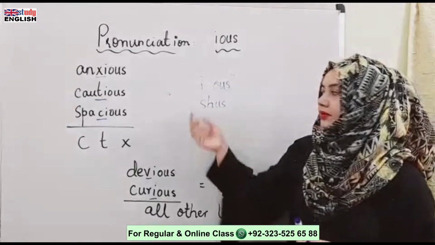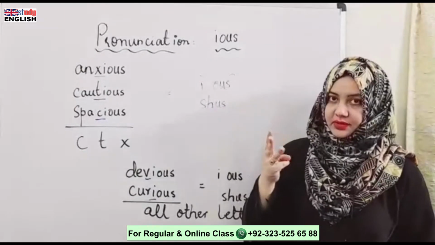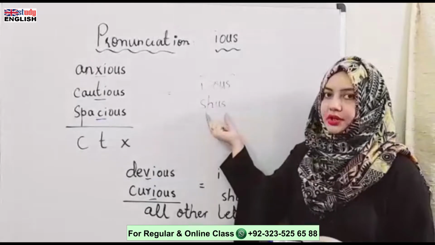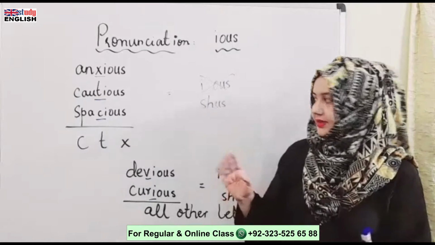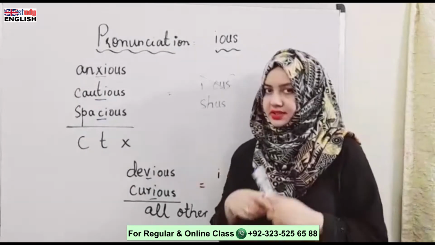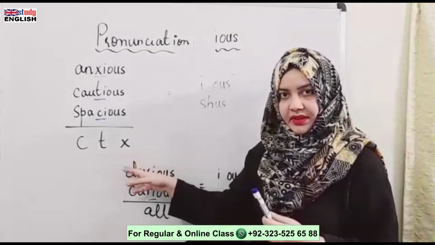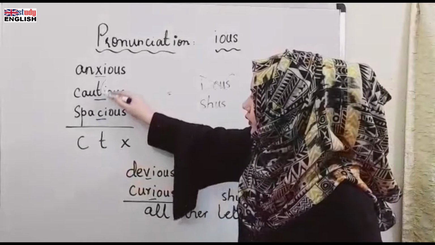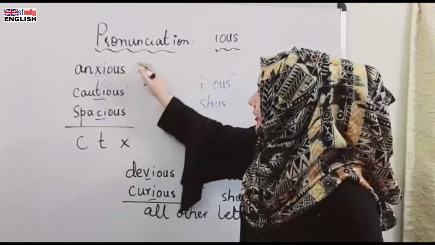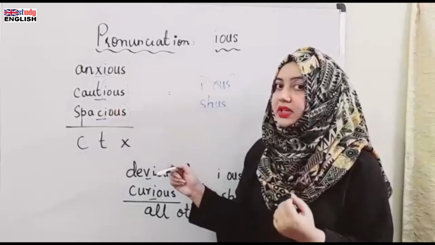Okay, so anxious, cautious, spacious, not "shears", it's "shears". So IOUS is something that we are not pronouncing as written. If you have noticed, before IOUS in every spelling there is an alphabet. What is that alphabet?